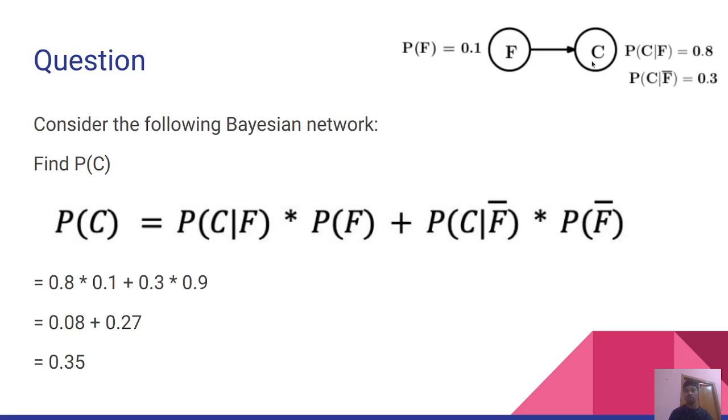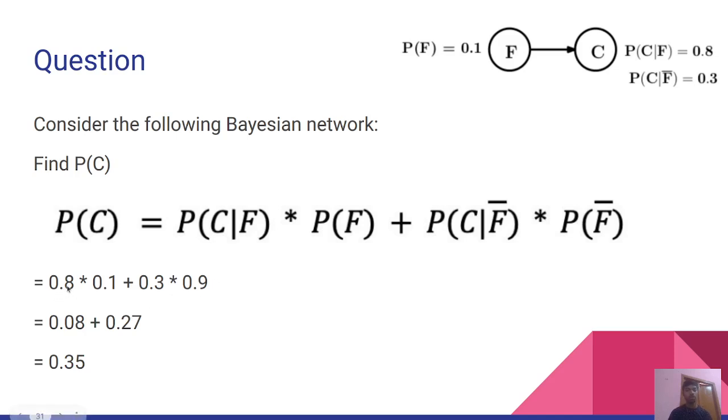So P of C is P of C given F into P of F plus P of C given not F into P of not F. So if we just take the values, P of C given F is 0.8 and P of F is 0.1, plus P of C given not F is 0.3 and P of not F is 1 minus 0.1, so it is 0.9.